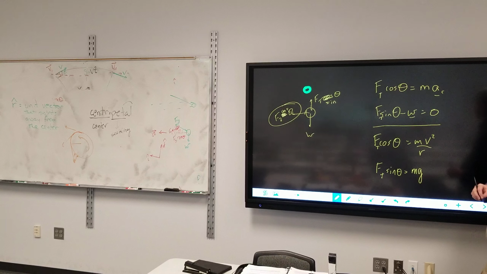So eventually we get the tension times sine theta equals mass times g, the acceleration due to gravity.